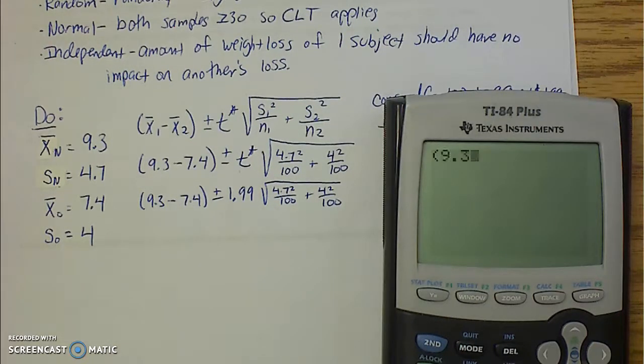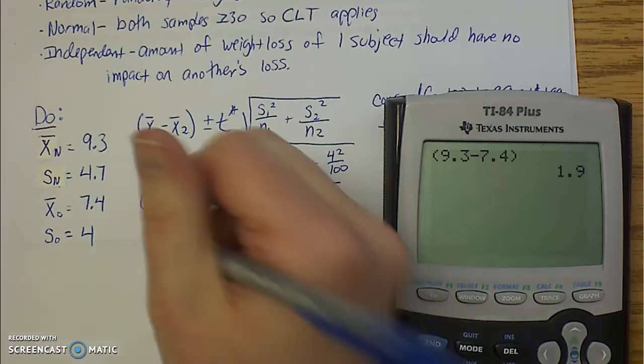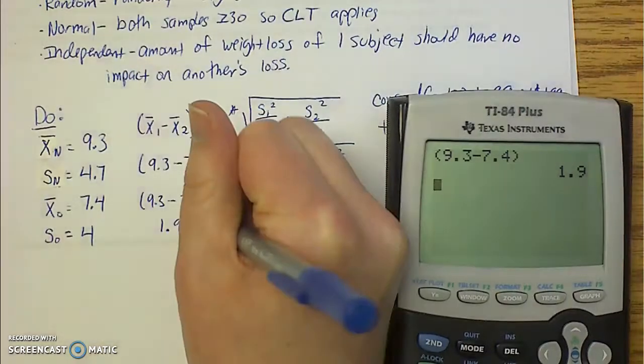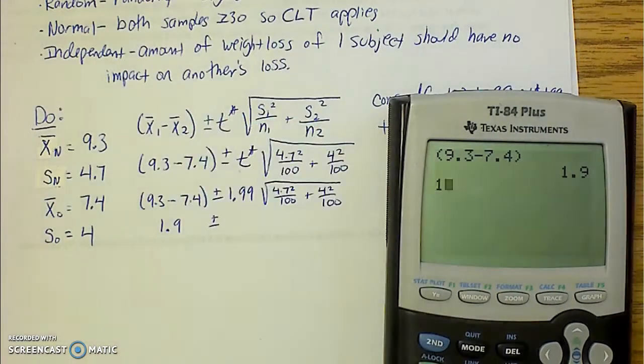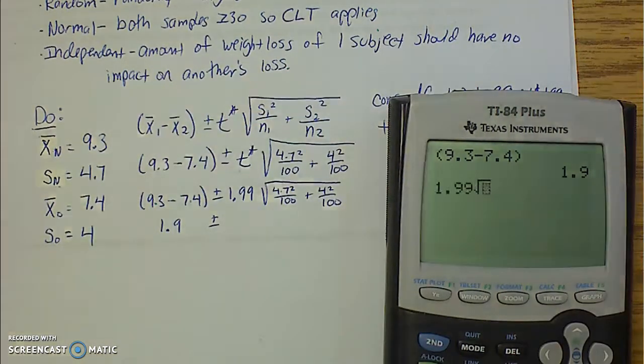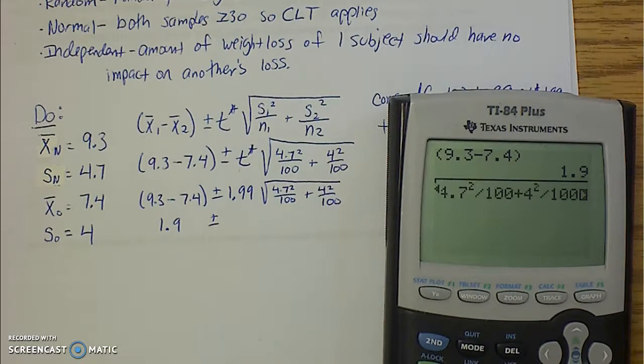So 9.3 minus 7.4 gives me 1.9 here, plus or minus 1.99 times the square root of 4.7 squared over 100 plus 4 squared over 100. So plus or minus 1.228.